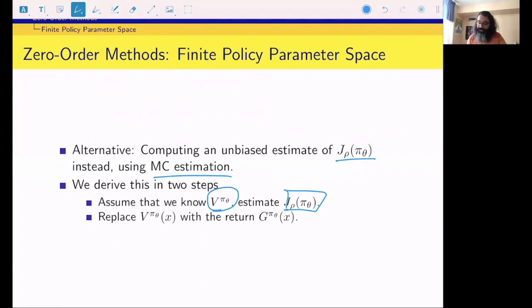The other is that we assume v of pi theta is not known, but we use returns G of pi theta instead of v of pi theta to estimate it. This is a reasonable approach because the return is an unbiased estimate of the value function.